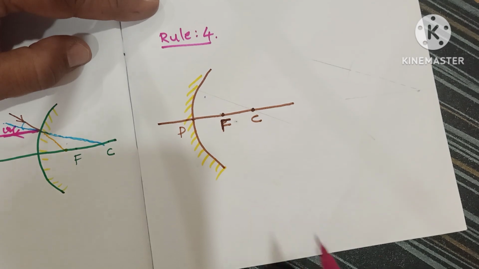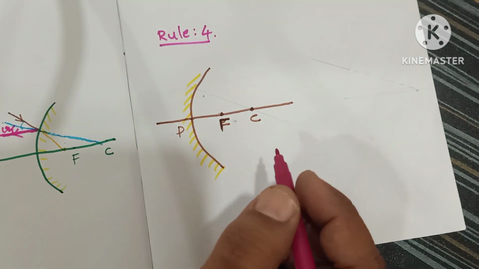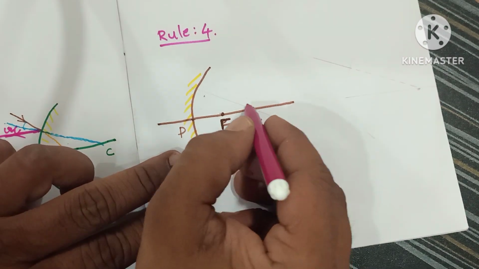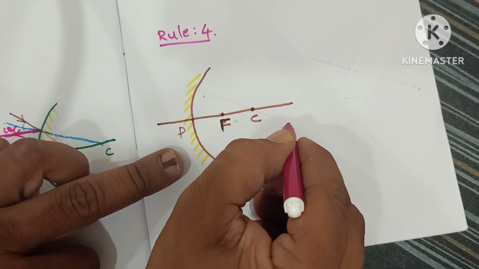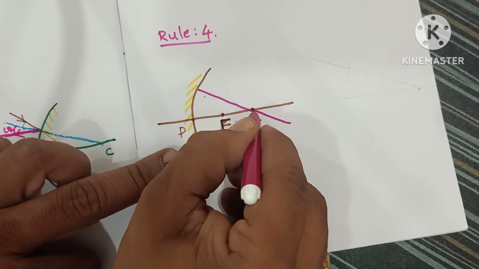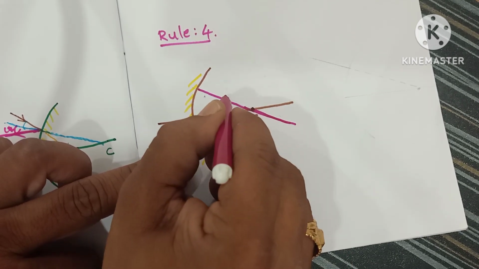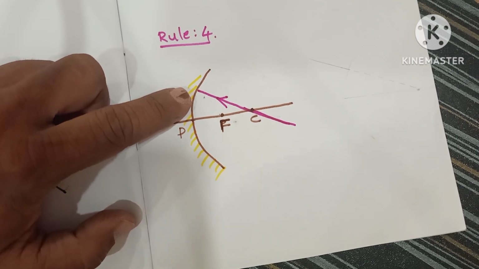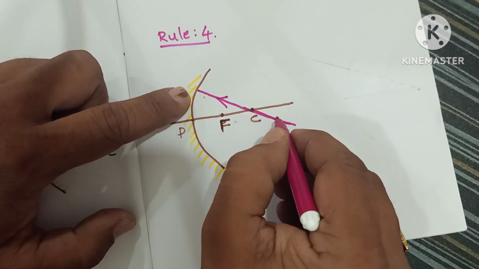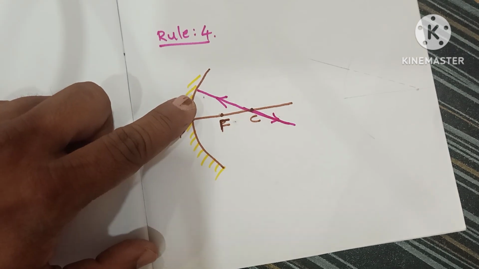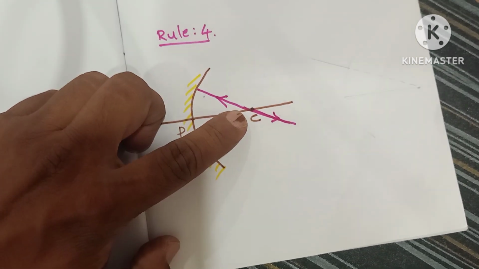Now if a ray passes through the center of curvature like this and is incident on the mirror at this point, then it will get reflected in the same direction, because the normal will be on the same line which passes through the center.